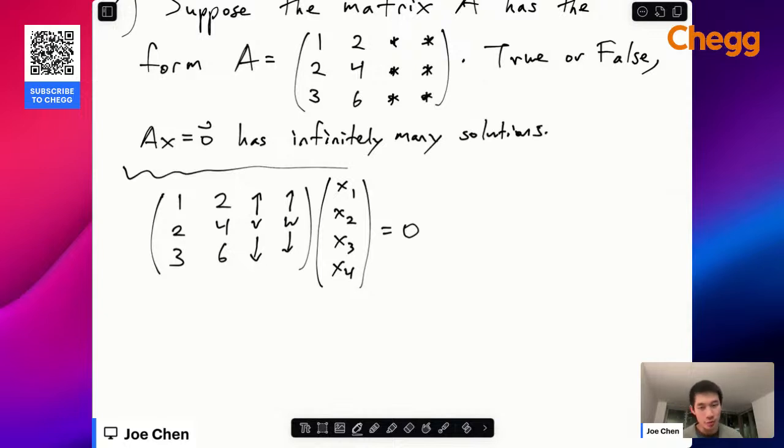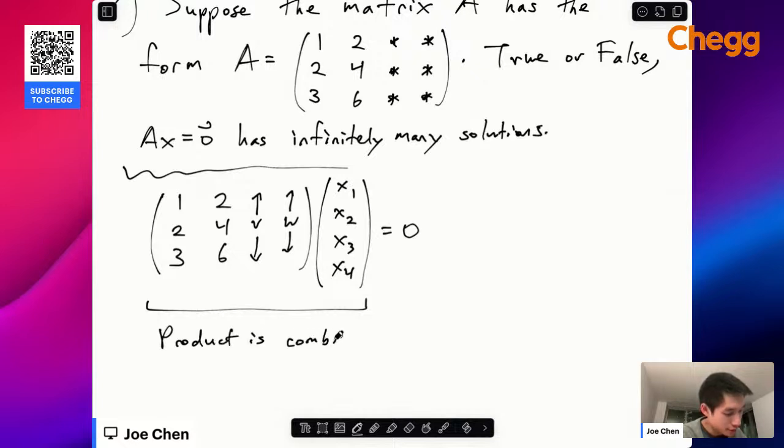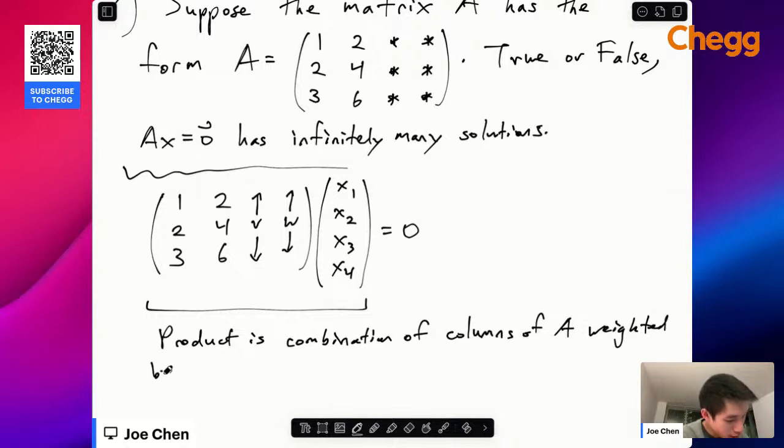There are a couple of interpretations, but one interpretation is that this product is the combination of the vectors, or the columns of A, weighted by x1, x2, x3, and x4.